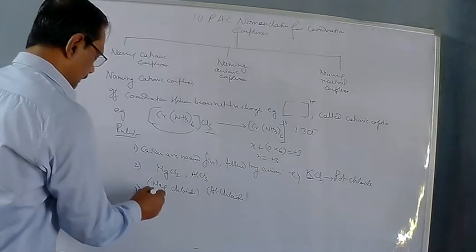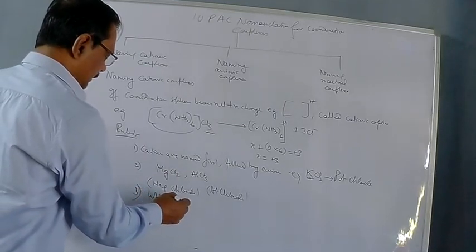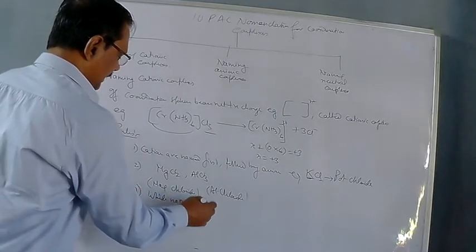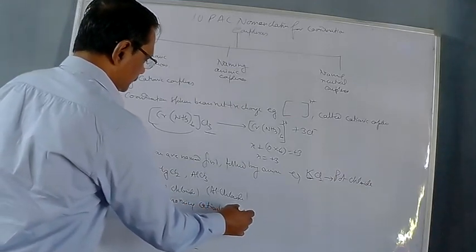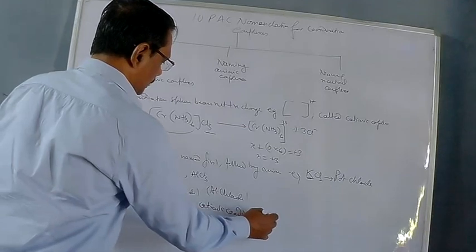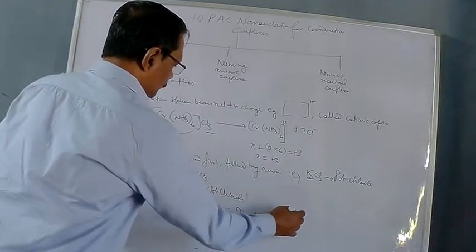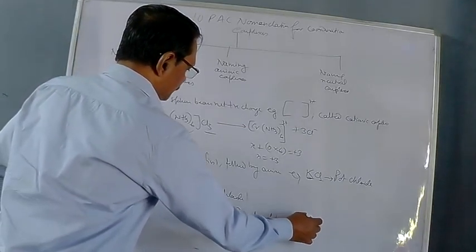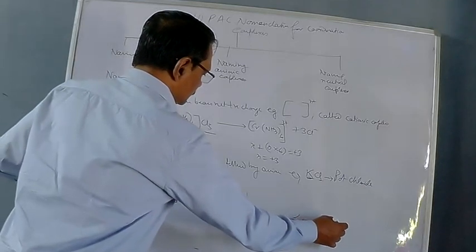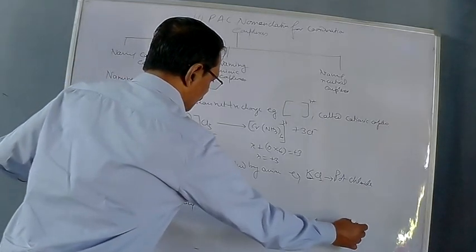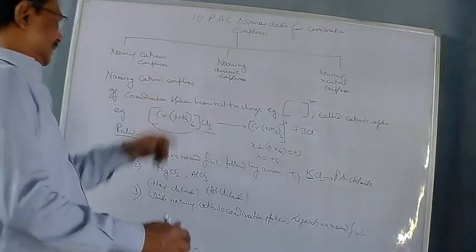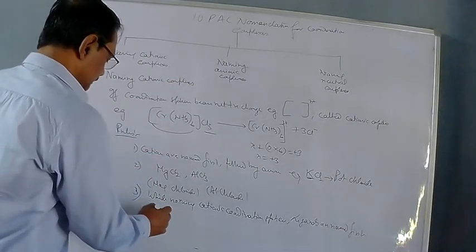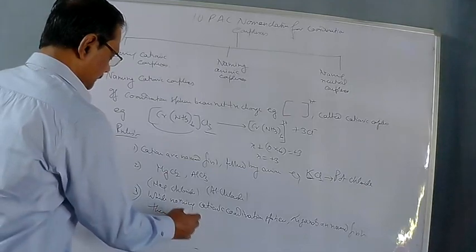So while naming the cationic coordination sphere, ligands are named first. You are going to tell about ligand first, then central metal atom, then CMA.